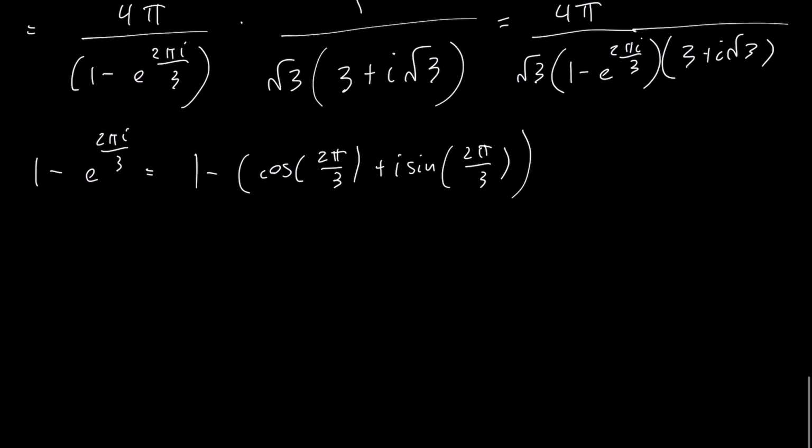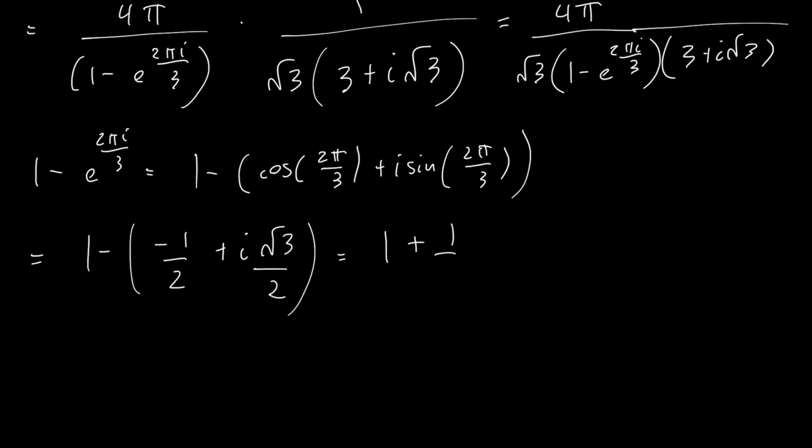So we're going to have 1 minus cosine of 2 pi over 3, which is negative 1/2, plus i sine of 2 pi over 3, which is positive the square root of 3 over 2. So we have 1 plus 1/2 minus i times the square root of 3 over 2, which is 3/2 minus i times the square root of 3 over 2.